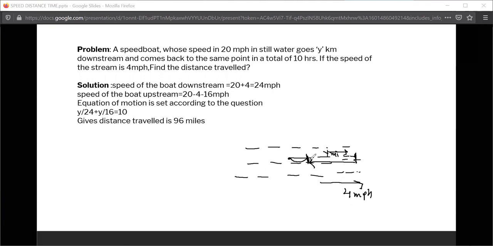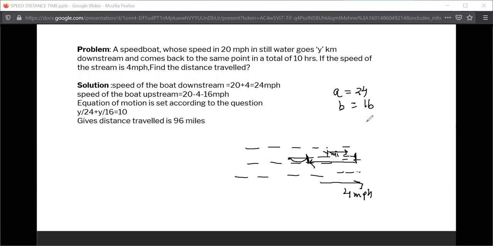So what will be the speed of the boat downstream with the flow? The downstream speed, which we call A, will be 24. The upstream speed will be B, which will be 16 mph. You have to subtract this.